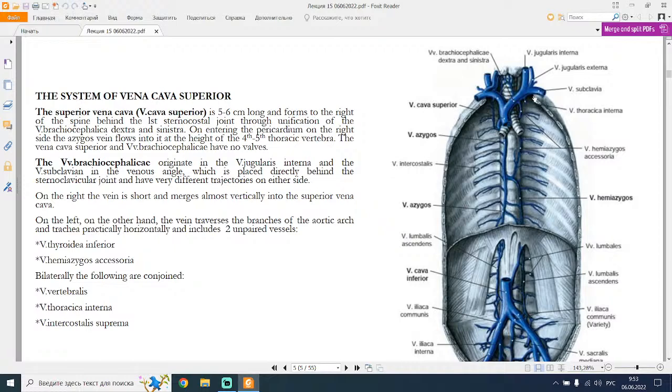On entering the pericardium on the right side, the azygos vein flows into it at the height of the fifth thoracic vertebra. The vena cava superior and vena brachiocephalica have no valves.